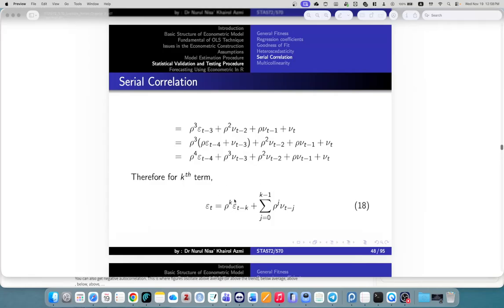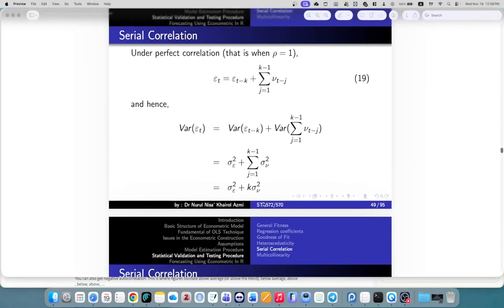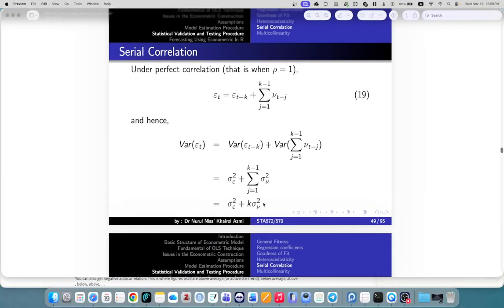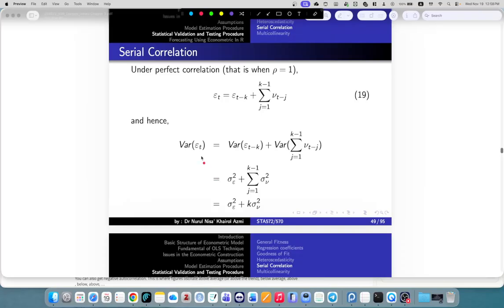Since there is serial correlation, the assumption that the error terms remain independent of each other is not fulfilled, because of this relationship. The previous lags will affect the variance of your error term.